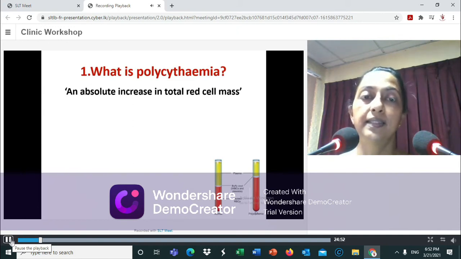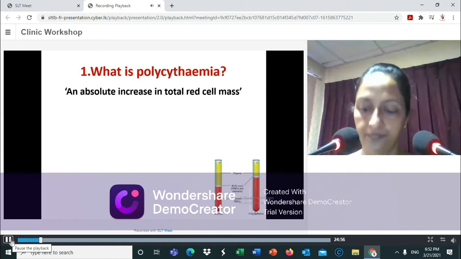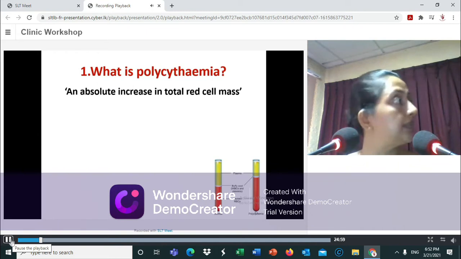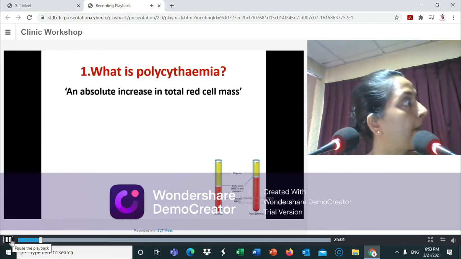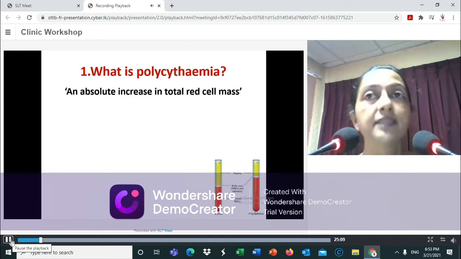Polycythemia is an absolute increase in the total red cell mass. As you can see in this diagram, when compared to the normal person, there is a definite absolute increase in the red cell mass in polycythemia.